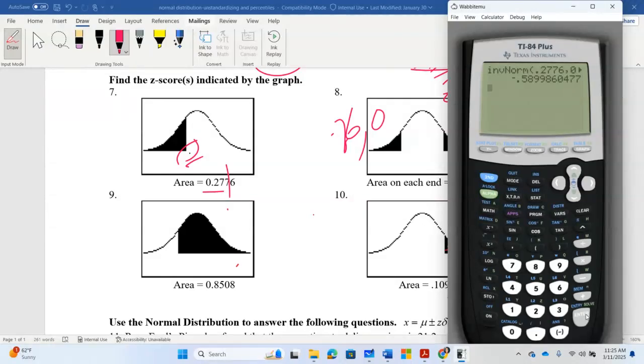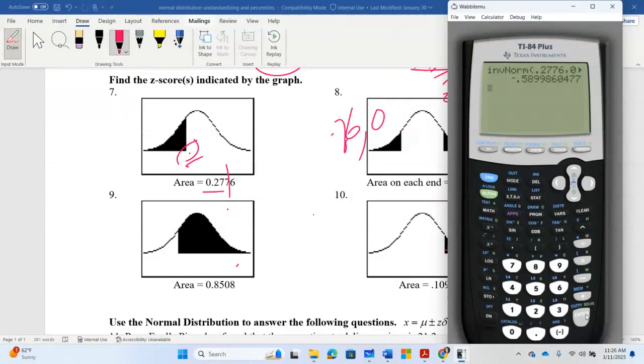When I hit enter, the z-value corresponding to 0.2776 inside the normal curve is negative 0.59 approximately. Remember, this is area given to you, therefore the value you just found is the z-score. It's okay to be negative because 0.27 is less than 0.5. It has to be negative.